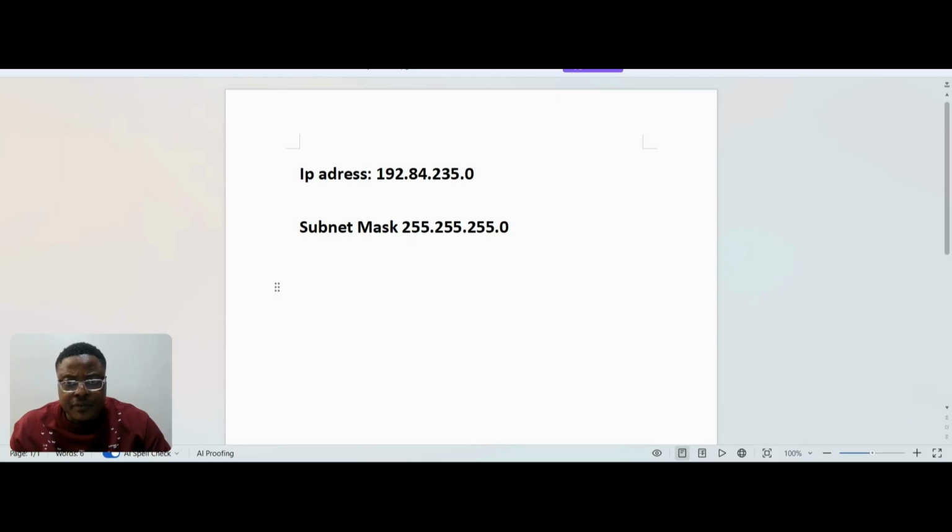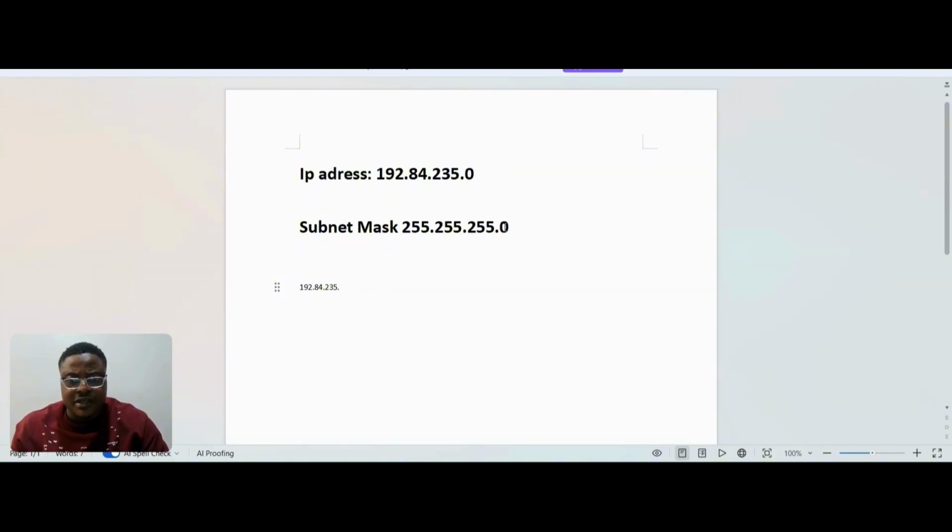So the broadcast address will be, since the subnet mask is 255, we're going to maintain the network line, which is 192.84.235. This is the network, this is the host. The rule says if this is 0, it becomes 255.